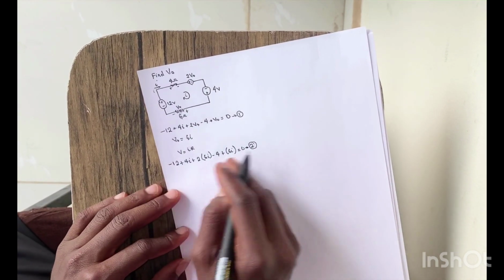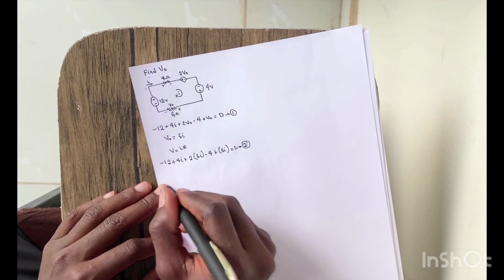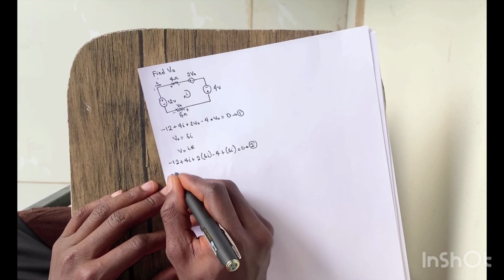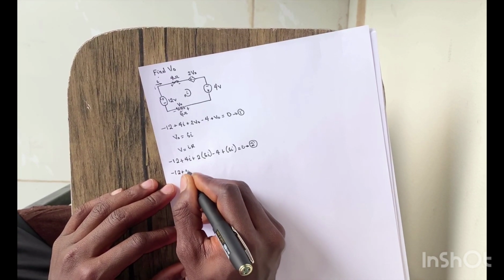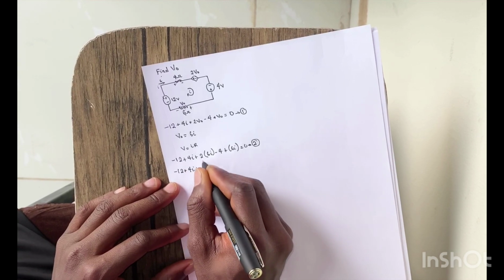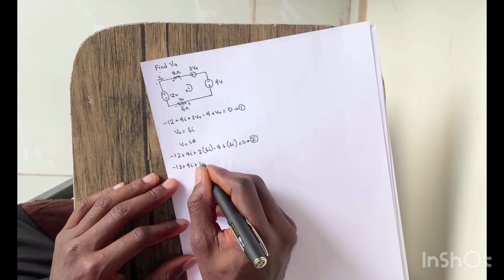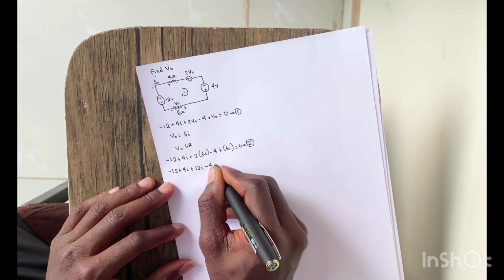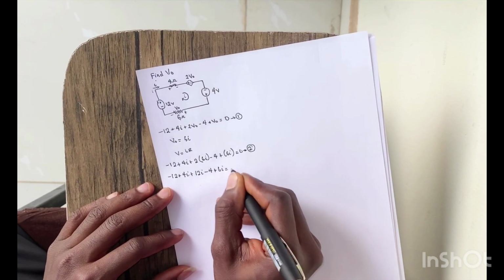So this is already our simplified equation. Now we expand: minus 12 plus 4I plus 2 times 6I, which is 12I, minus 4, plus 6I equals 0.